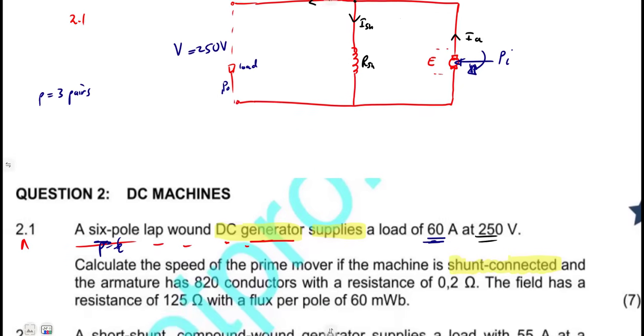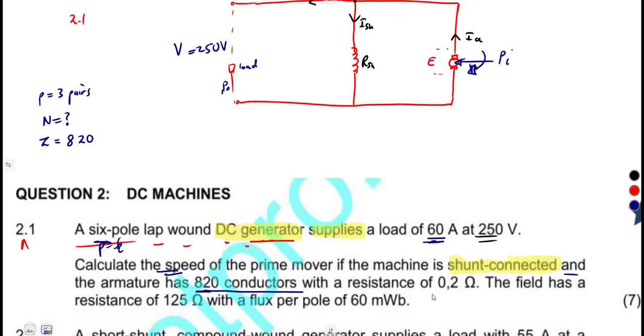Calculate the speed. So here we're going to need the speed of the prime mover if the machine is shunt connected, as we saw, and the armature has 820 conductors.